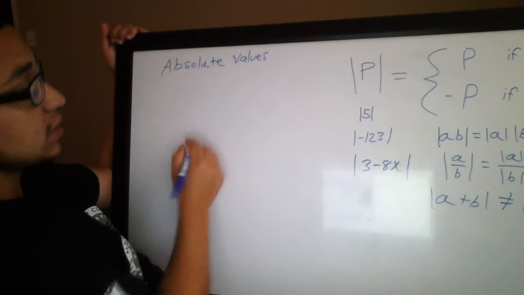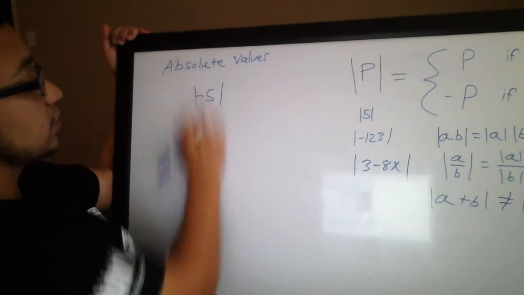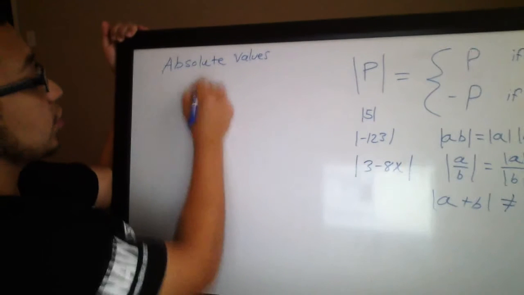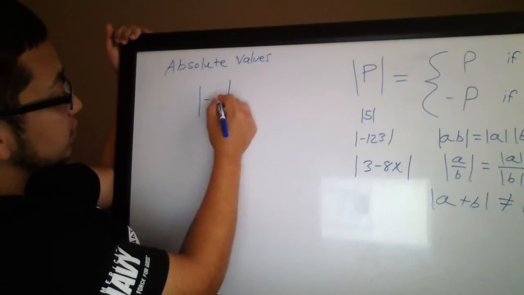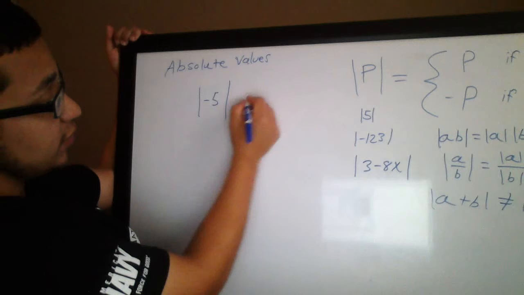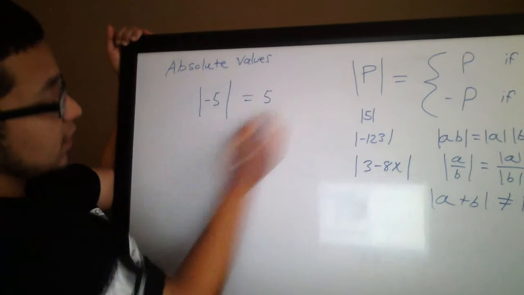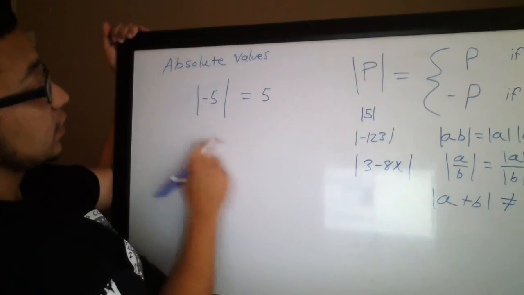So it's going to take, say, a -5, the absolute value. The bars here, these bars like this, mean absolute value. So if I have an absolute value of -5, it's going to turn that -5 into a 5. And the way that it does this is by multiplying by a negative.